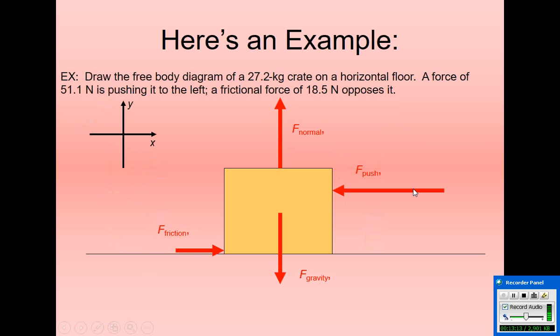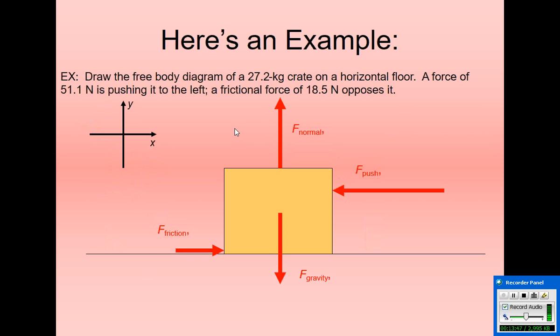As I said, I've drawn the pushing force longer than the frictional force. If you look at the normal force and the gravitational force, it looks like they have roughly the same length. I honestly don't know the values of the gravitational force and the normal force. But I'm taking advantage of a fact here. This block is not moving in the vertical direction. If it's not moving in the vertical direction, the y component of the acceleration must be 0.